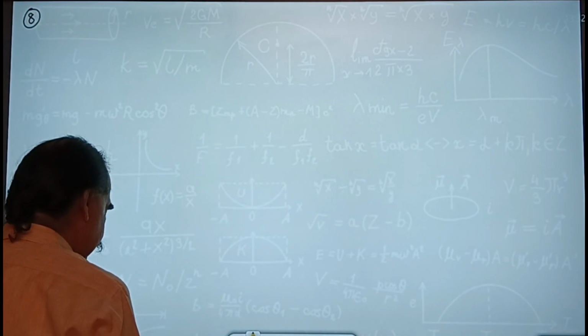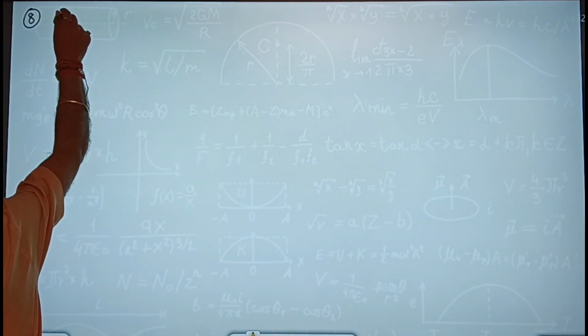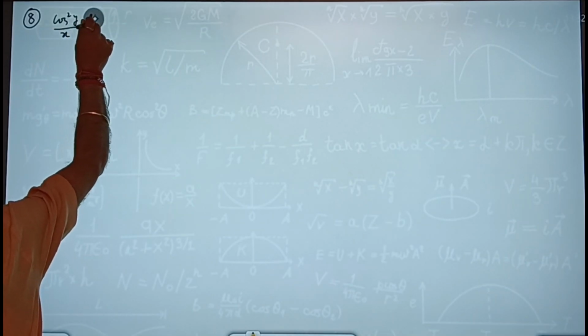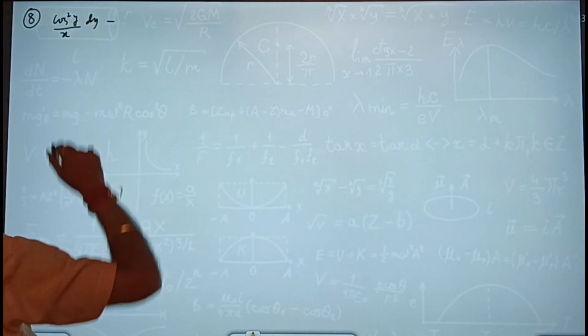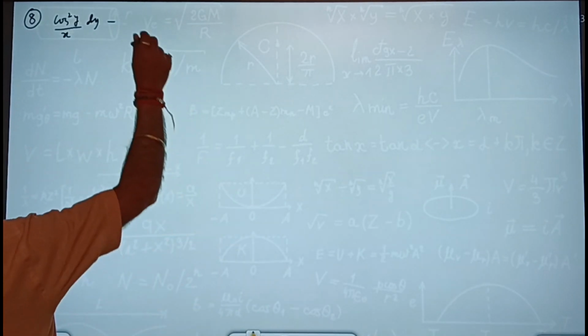Cos square y upon x dy plus cos square x upon y dx.